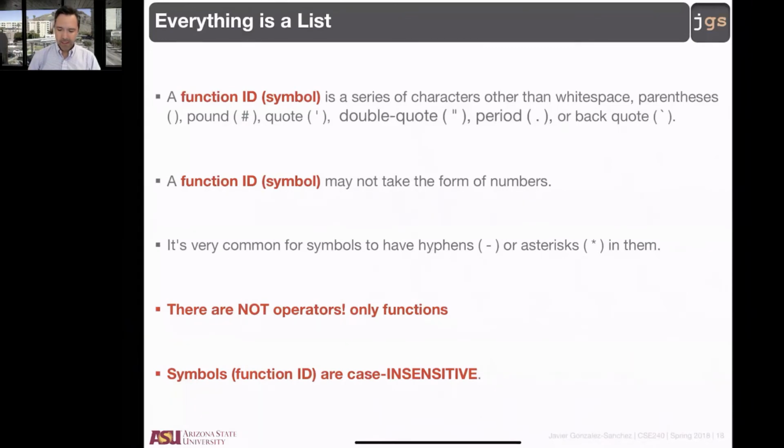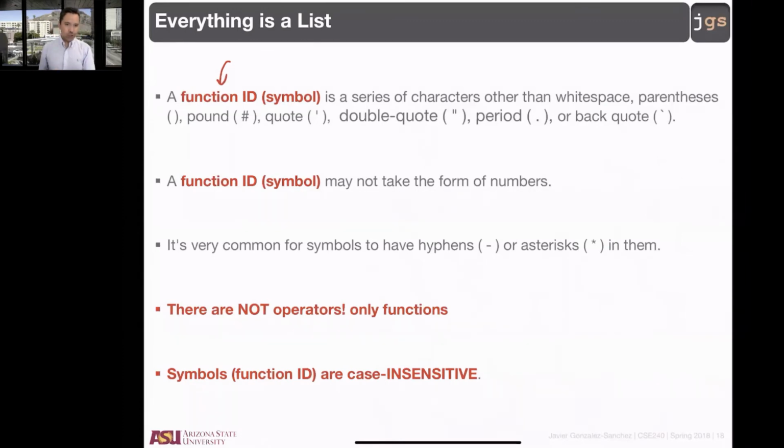Number one, the function ID, the thing that I put after the parentheses, that thing can be anything, symbol or words. Moreover, the combination of symbols that I can use is almost anything except the following.